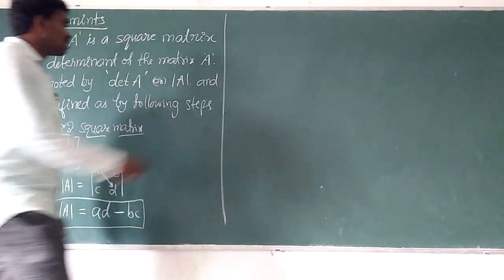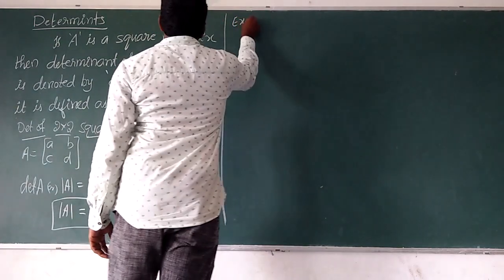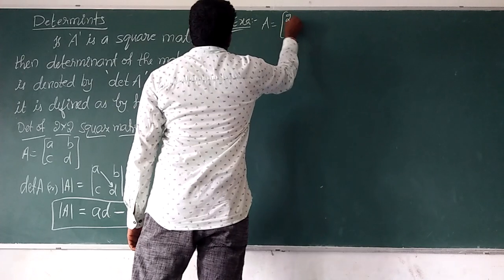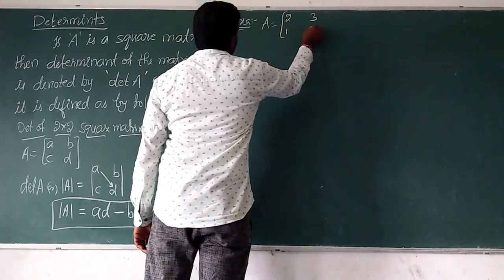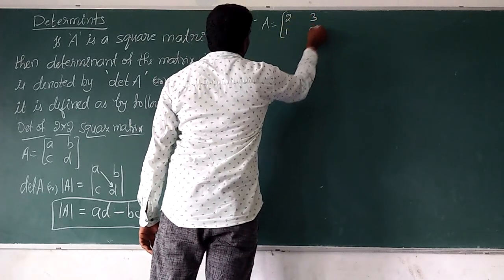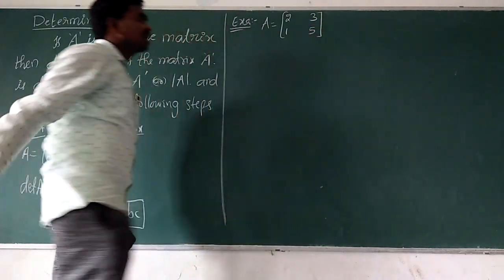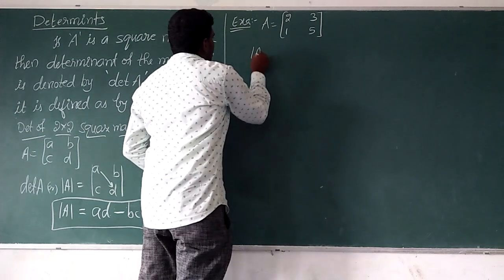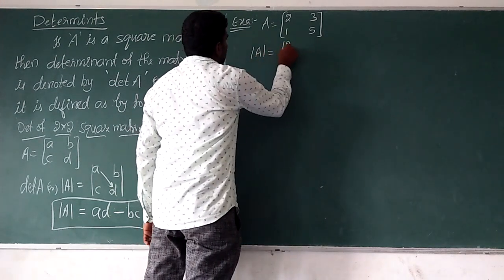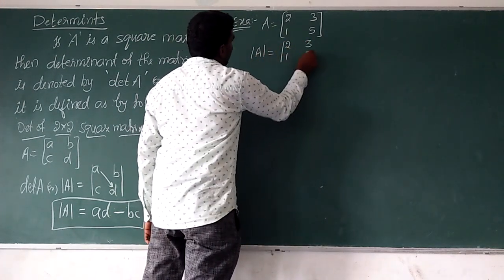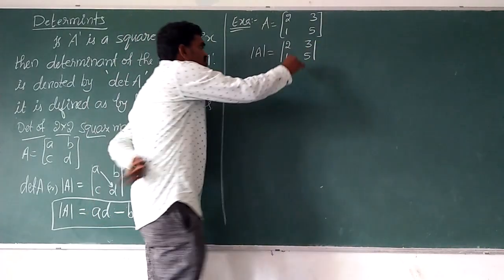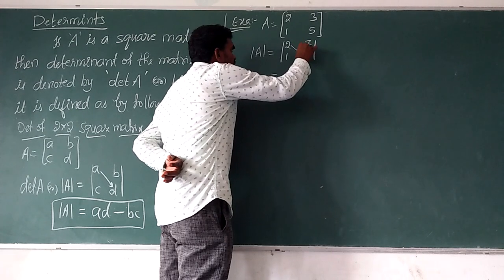So let us see one example. For example, let A equal [2, 3; 1, 5]. So how to find det A? Det A equals the determinant of 2, 3, 1, 5. First we multiply 2 and 5.